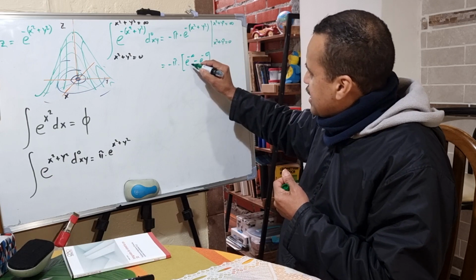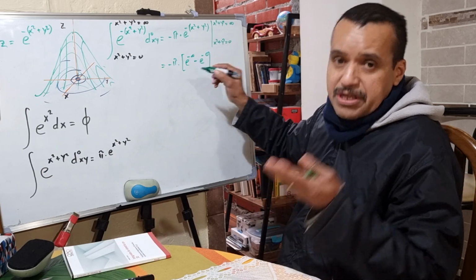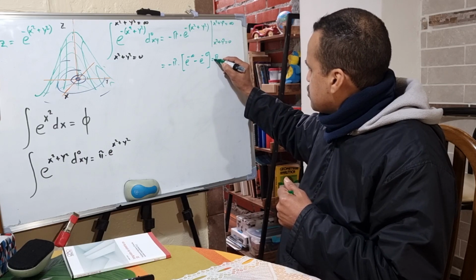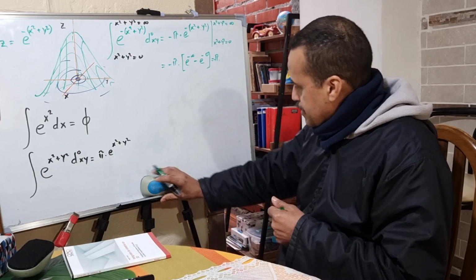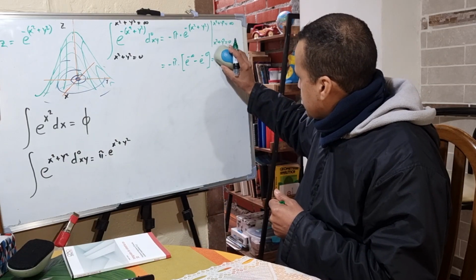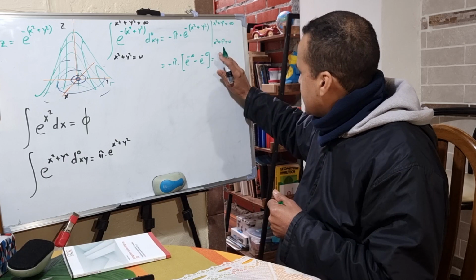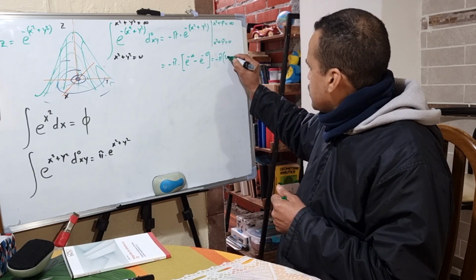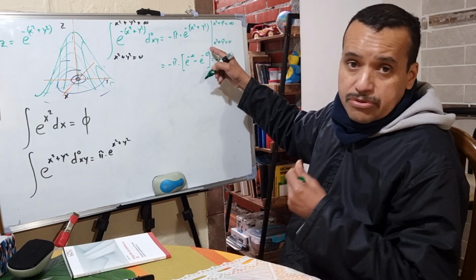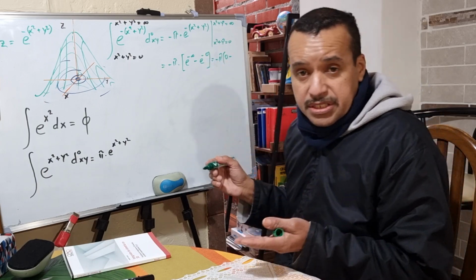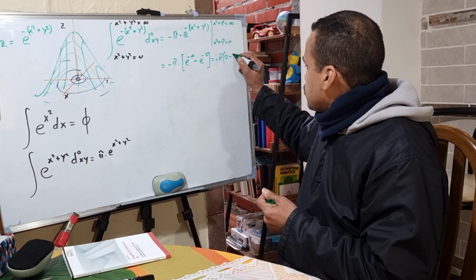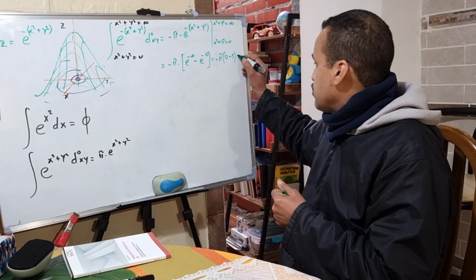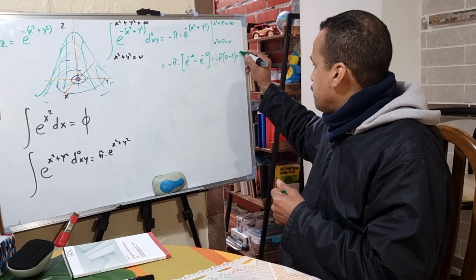We have that e to minus infinite is 0, and e to minus 0 is 1, so we have minus pi times minus 1, and we have positive pi.